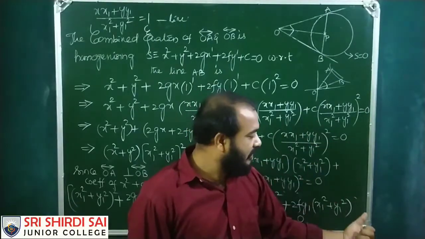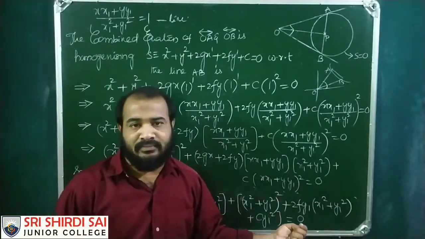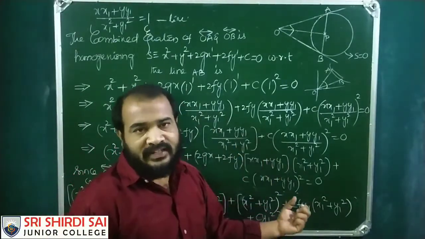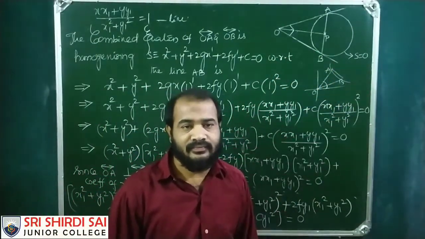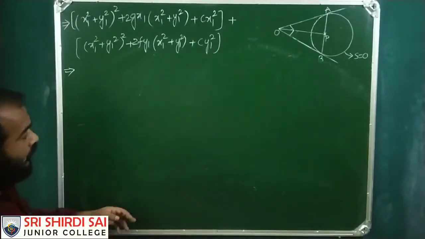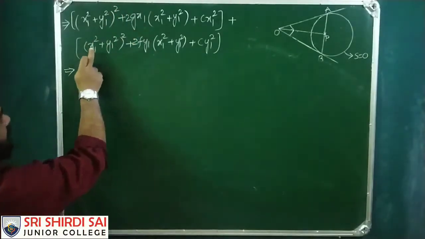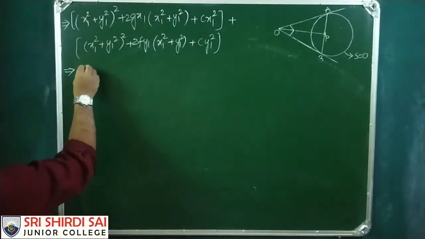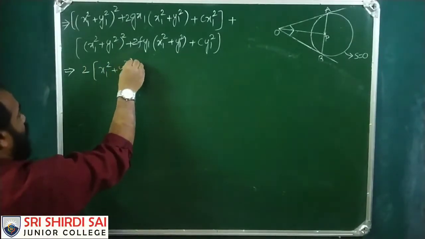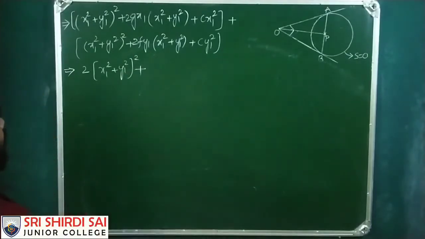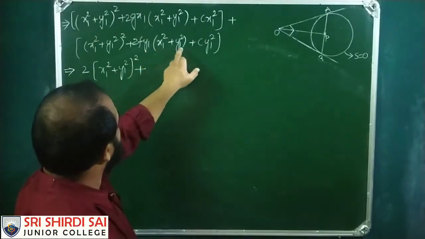So I have already explained this before. Okay, so we are just one step away from the final answer. So this is what I got. Now (x1 square plus y1 square) whole square plus (x1 square plus y1 square) whole square is 2 into (x1 square plus y1 square) whole square, plus 2gx1 into (x1 square plus y1 square), plus 2fy1 into (x1 square plus y1 square).